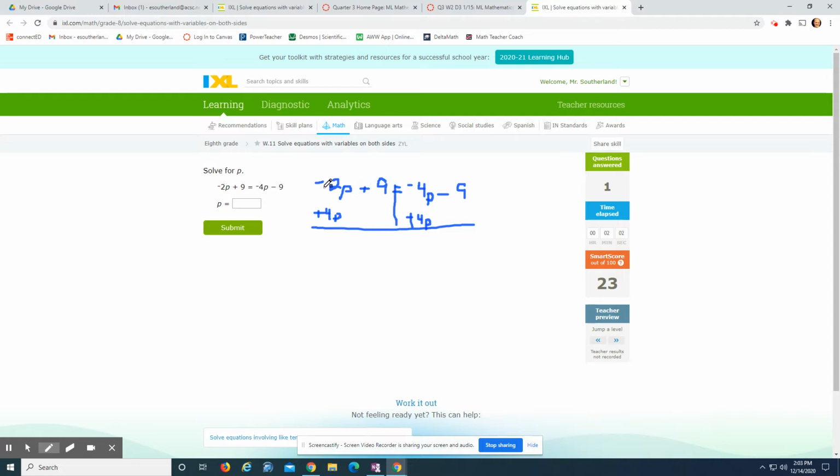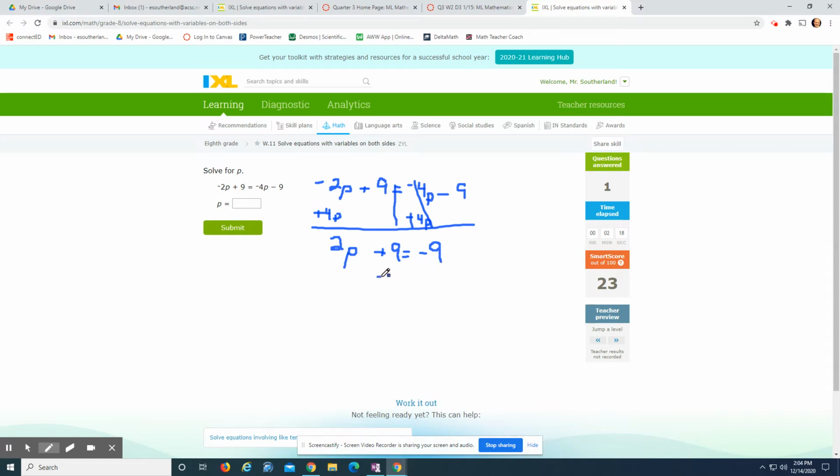And so negative 2 plus 4 is simply 2p. The plus 9 drops down. The equal sign drops down. The 4's cancel. And then minus 9 drops down.